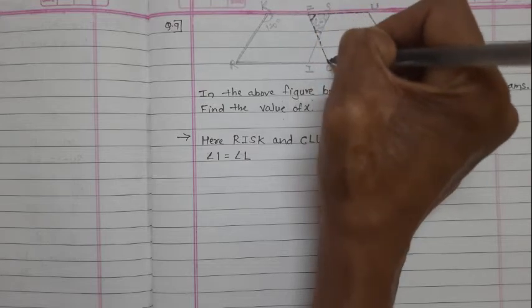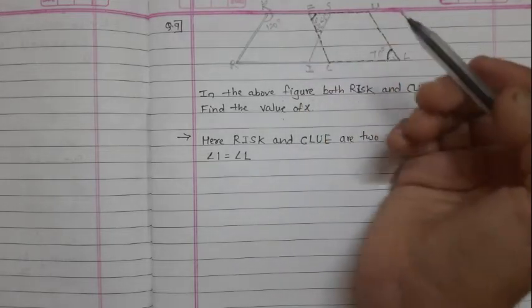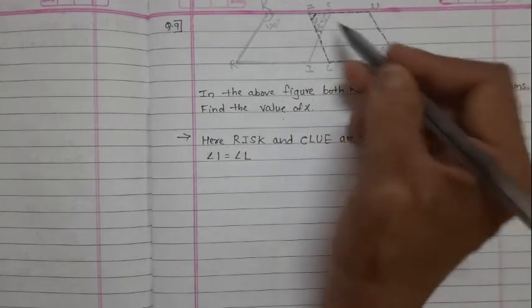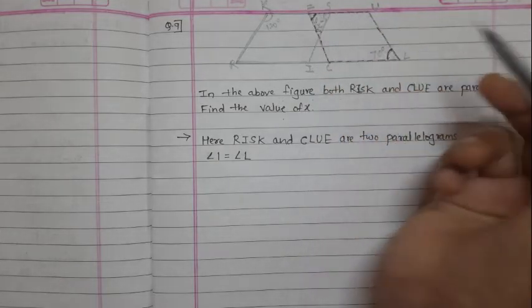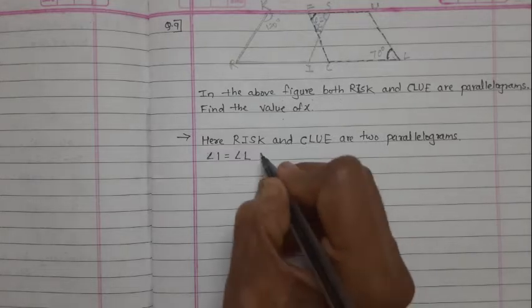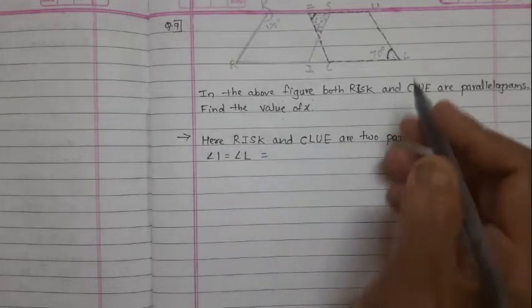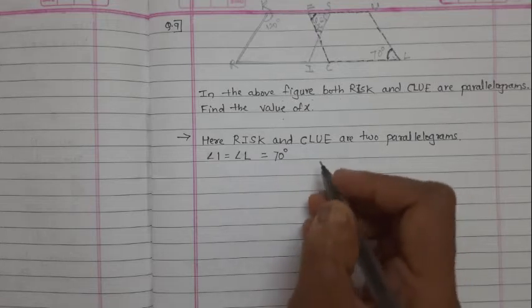See now, this angle and this angle are opposite angles of a parallelogram. So opposite angles of a parallelogram are equal, same measure. So angle 1 we got is 70 degrees.